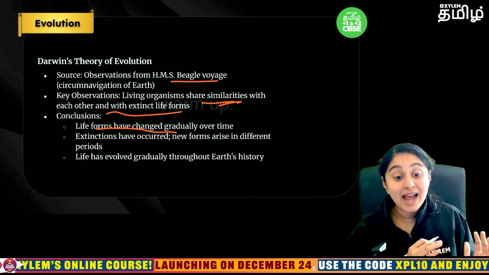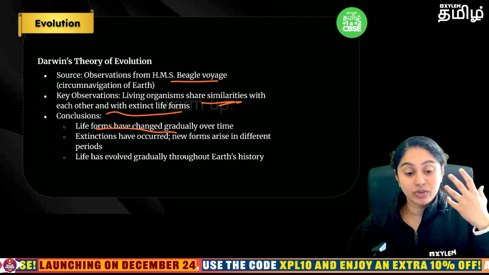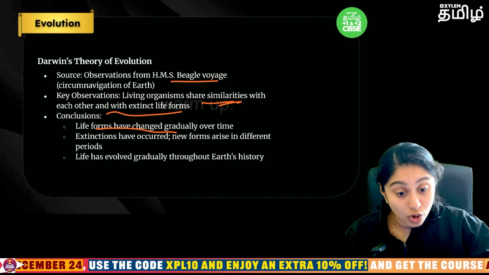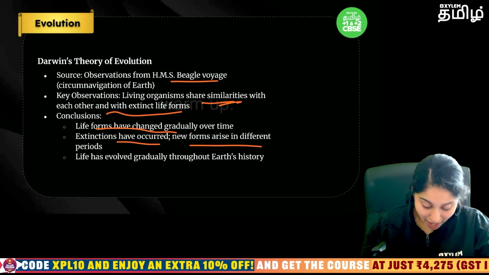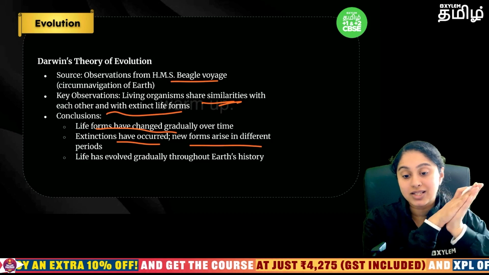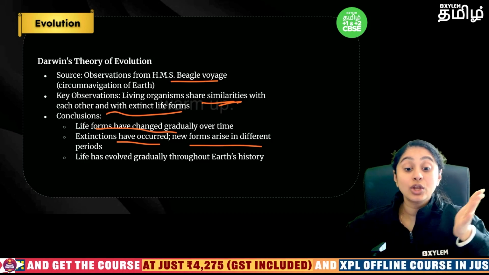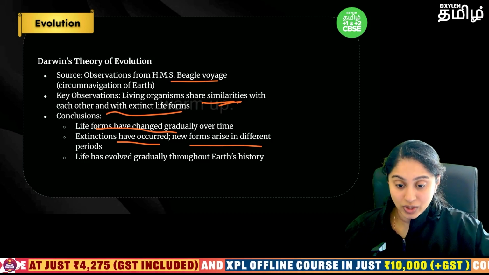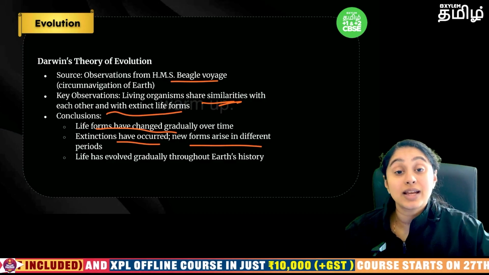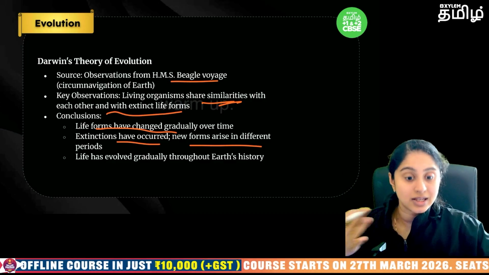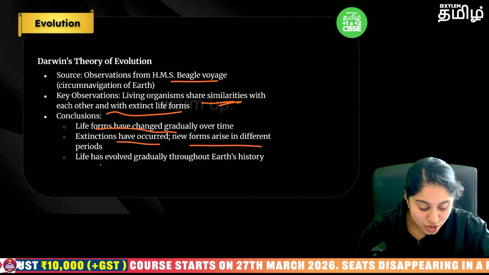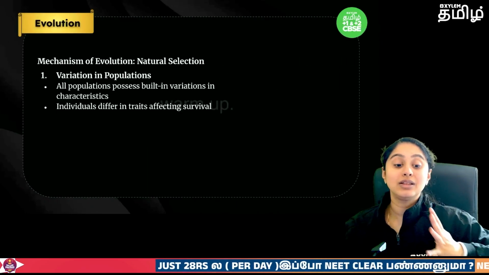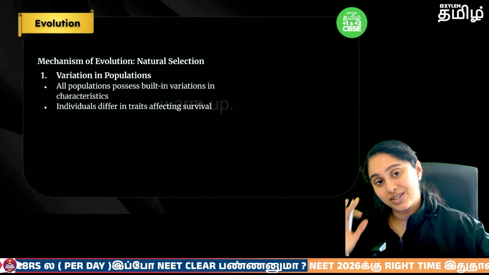Gradually these life forms have evolved, extinctions have occurred, but it's not like it's completely gone. From there a new form has come. Different forms have arisen from previously existing forms, forming the Earth's history, is what Darwin told us.